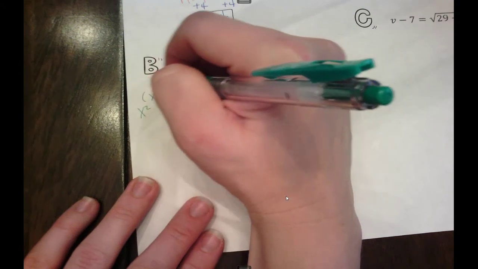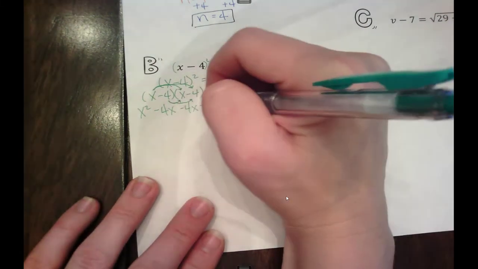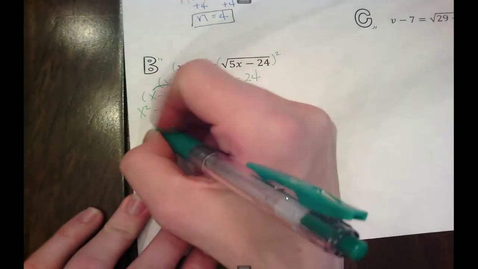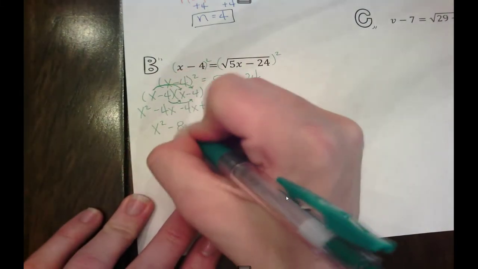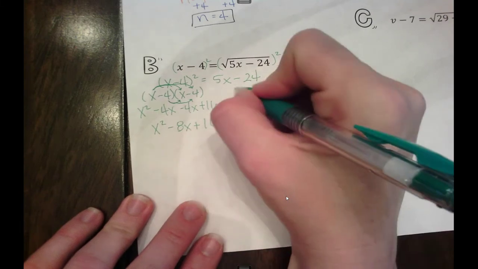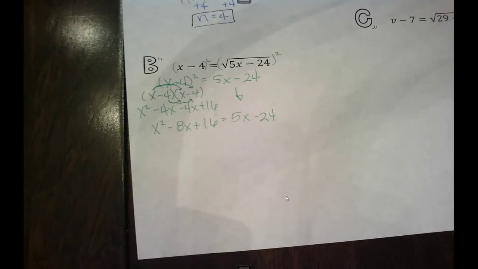We have to say x times x, so x squared; x times negative 4, minus 4x; negative 4 times x, minus 4x; negative 4 times negative 4, positive 16. Combine like terms. So really on this side we've got x squared minus 8x plus 16 equals my 5x minus 24 on that side of the equal sign.